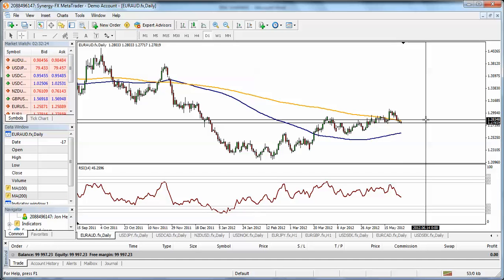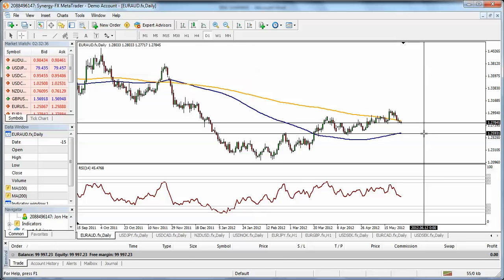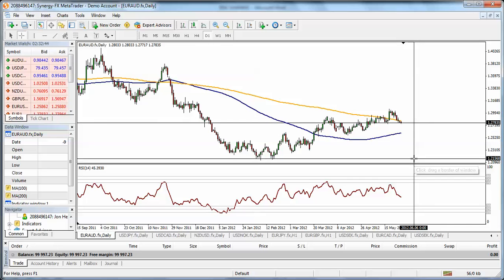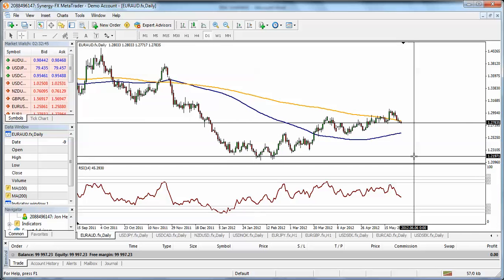Other than that, it does look like a pair in contention for a downtrend to continue, and definitely with euro weakness, it could be looking down to the 100-day moving average and possibly below these lows at around 1.2197. So definitely a nice pair that you can be looking at over the next few days.